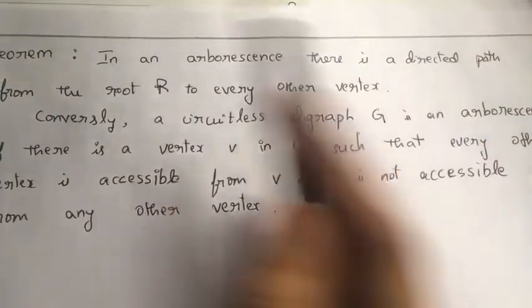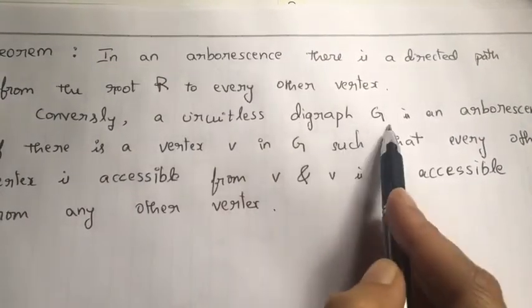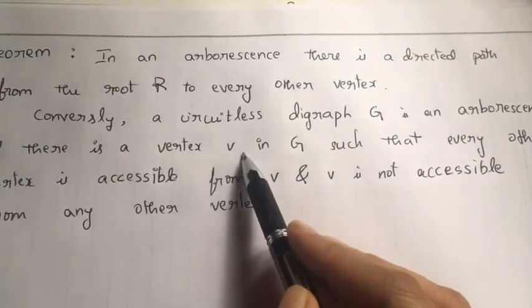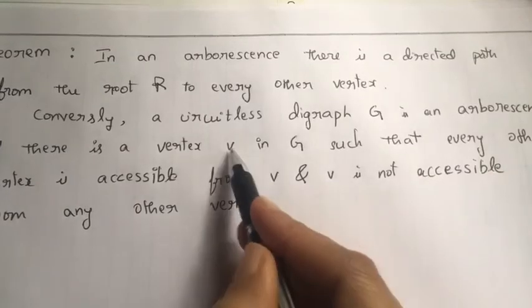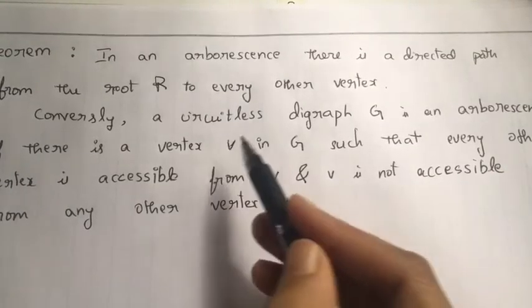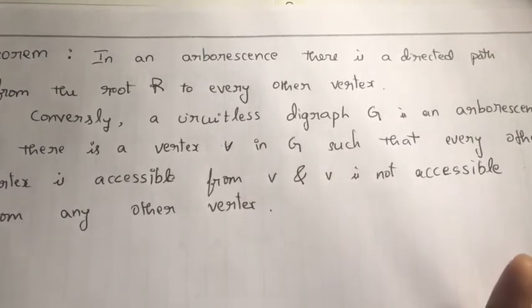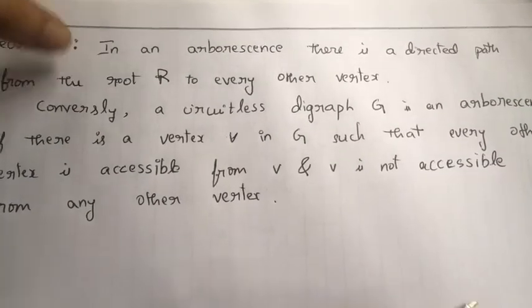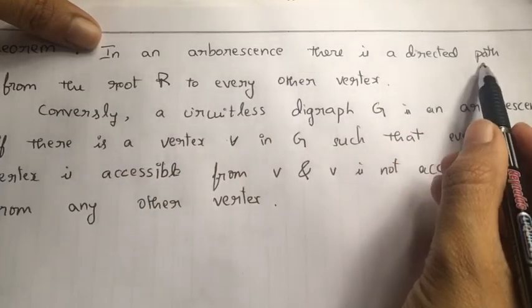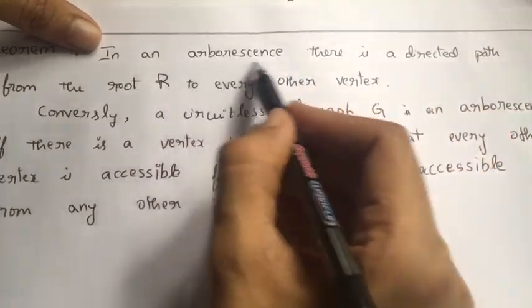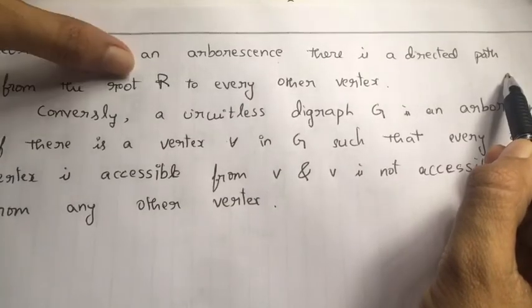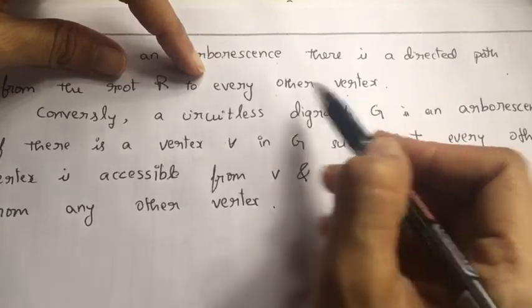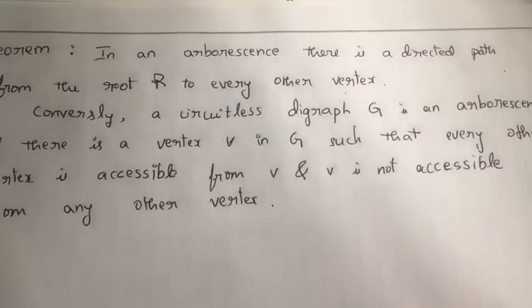Conversely, a circuitless digraph is an arborescence if there is a vertex V in G such that every other vertex is accessible from V, but this vertex is not accessible from the other vertices. So let us take the first part. In an arborescence, there is a directed path from the root R to every other vertex. Let us prove this part first.